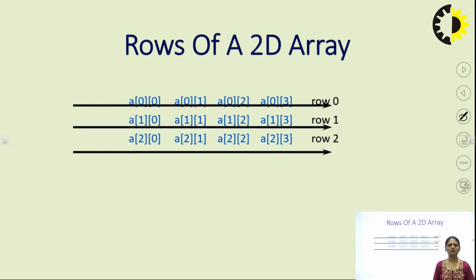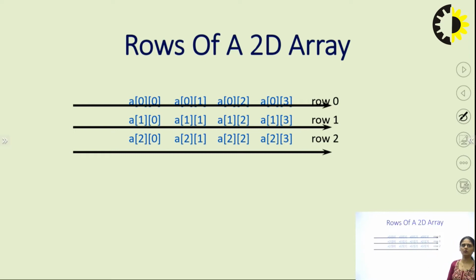Now these 2D arrays are stored in two ways. This is what we call the row major representation of a 2D array, because over here we can see 0, 0, 0, 1, 0, 2, 0, 3.